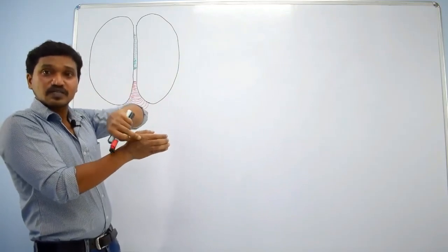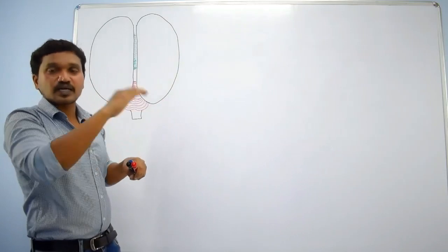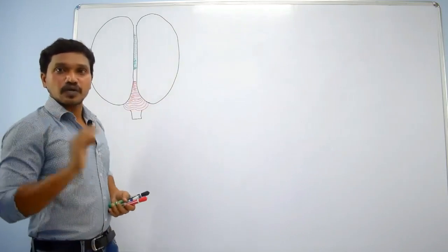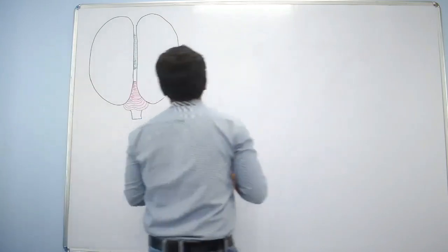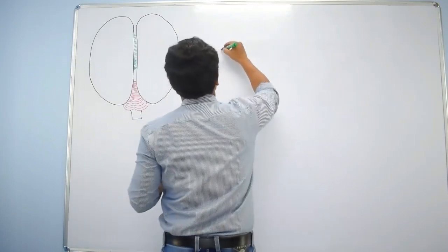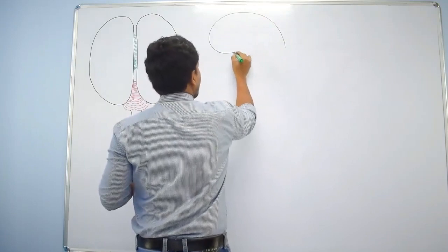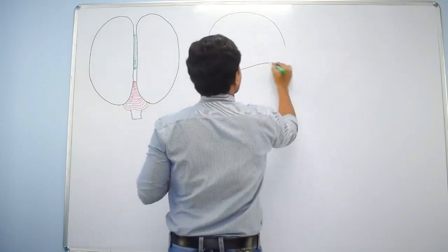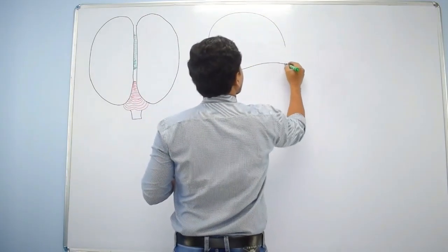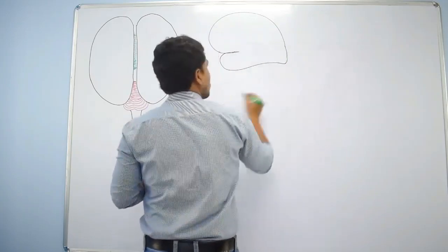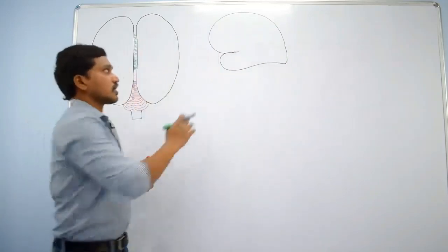That surface is a convex surface. That convex surface we call the superior lateral surface. Now I am drawing the superior lateral surface here. This is the superior lateral surface.